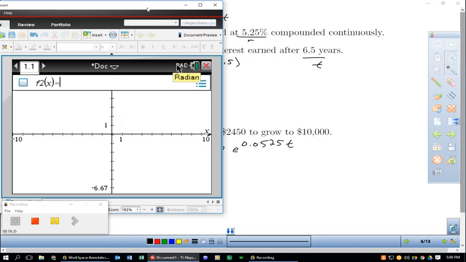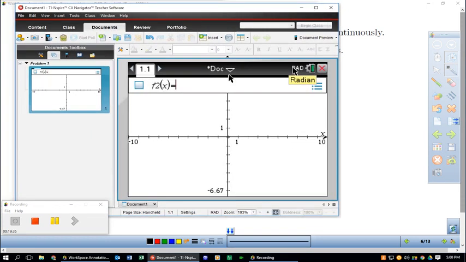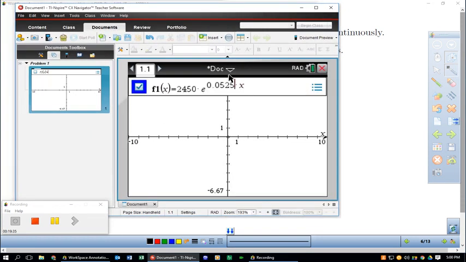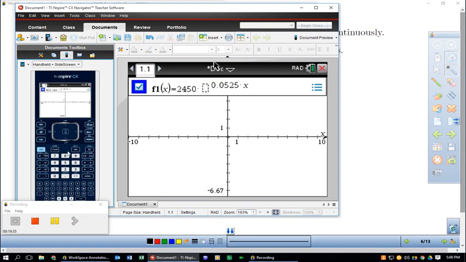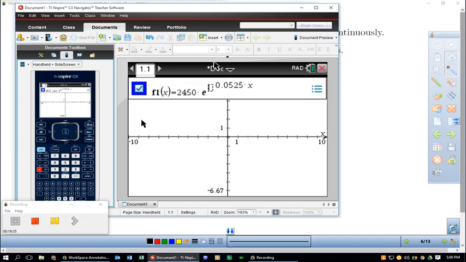I think I need to make sure it's using the right e there. All right, e to the, there we go. Oh, I'm going to have to retype that. 0.0525x.